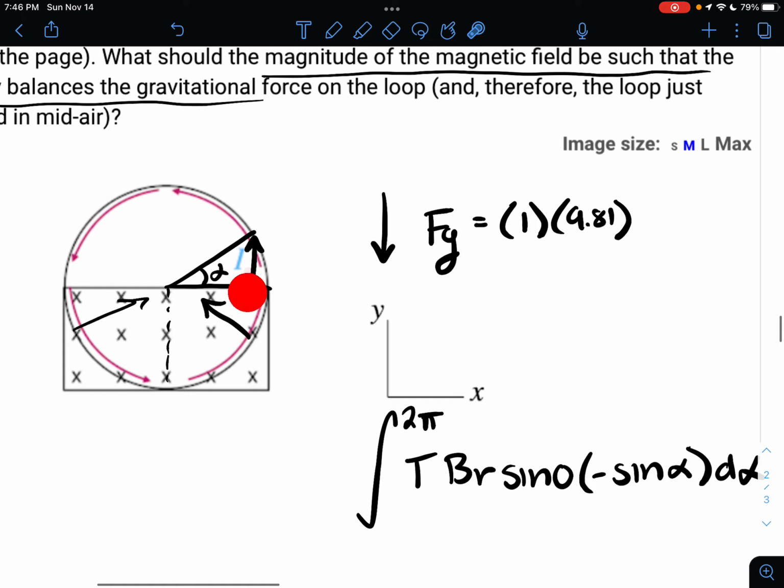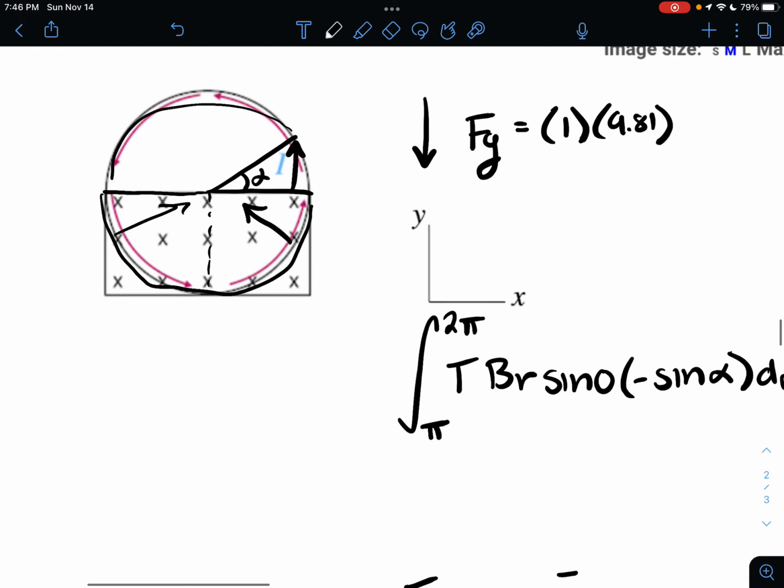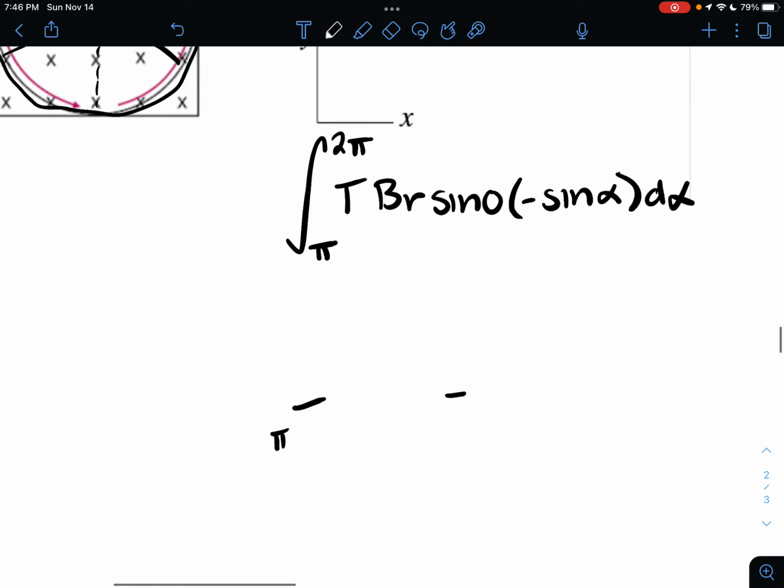So we're taking the sine of this, and I'm taking the negative sign because I'm taking the bottom half of the circle, and I need it to equal a positive magnitude eventually.